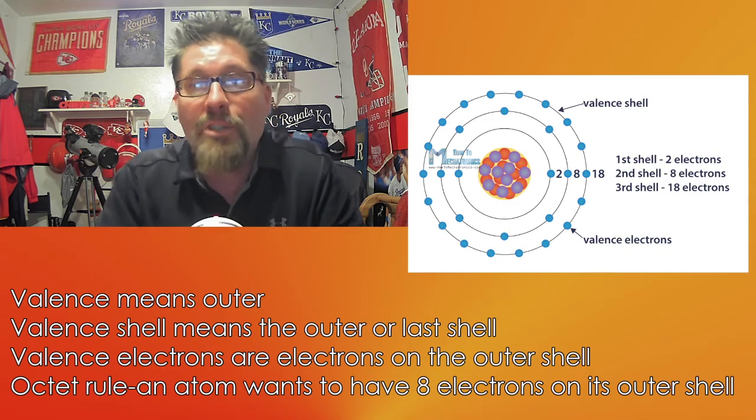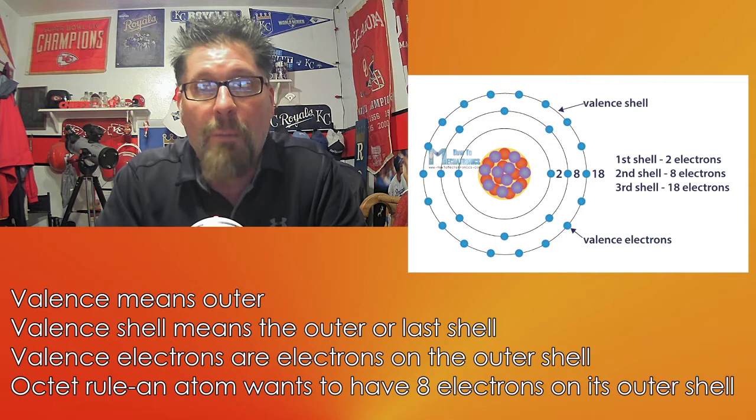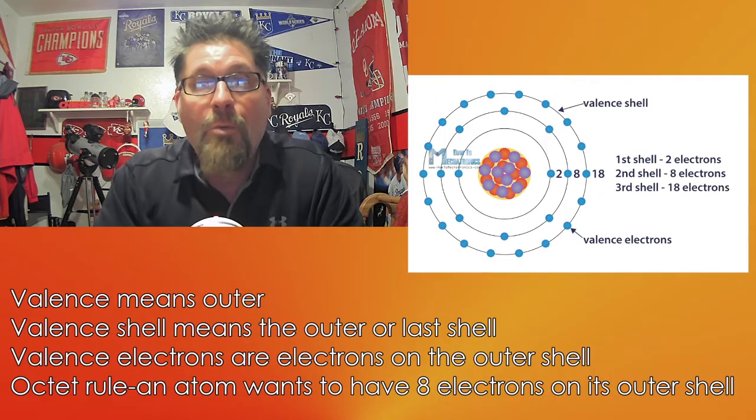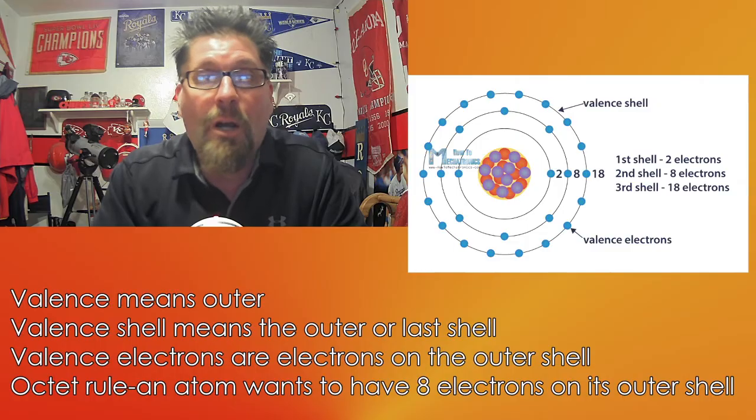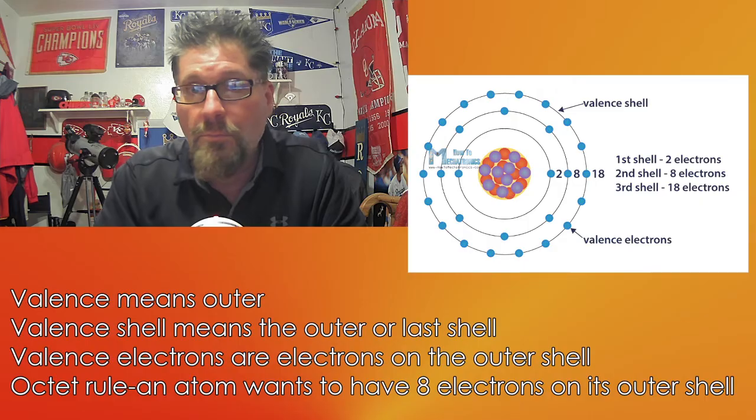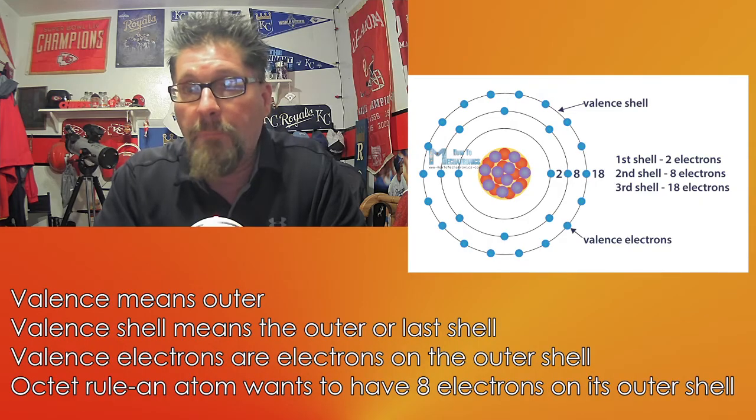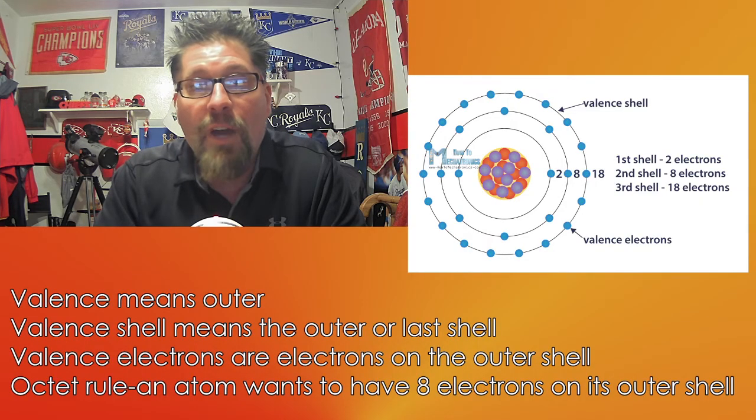Other concepts to consider when we're talking general properties of a bond is the word valence. We will talk about valence quite a bit. If you are in a chemistry class, you will talk valence all year long to some degree. The word valence refers to outer, or outermost.